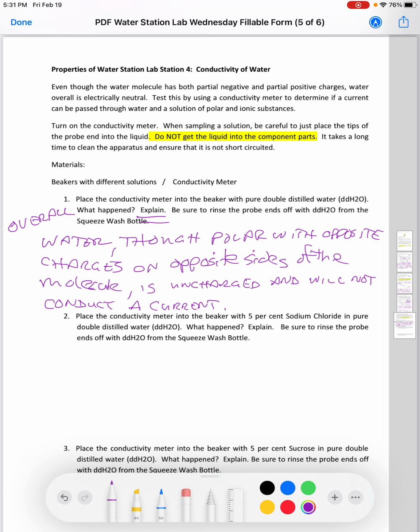And then when we put it in sodium chloride, it did carry a current.